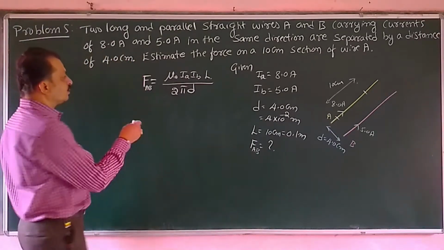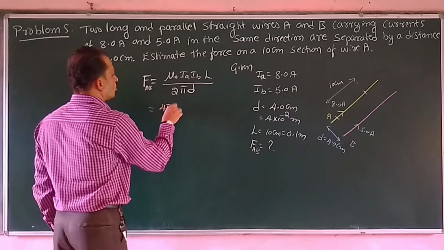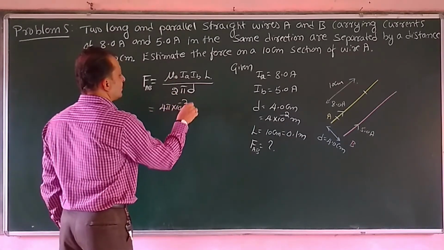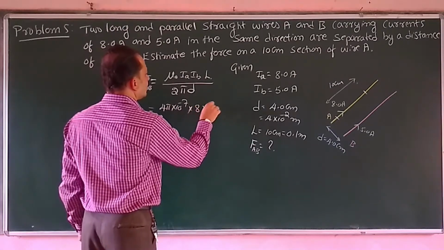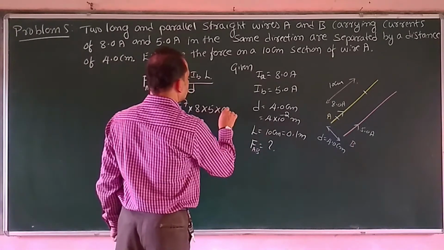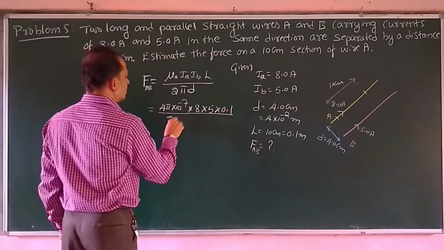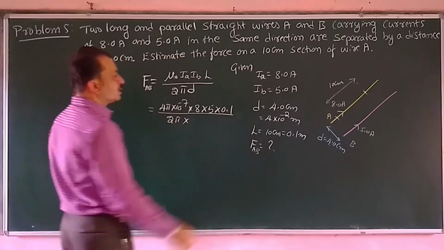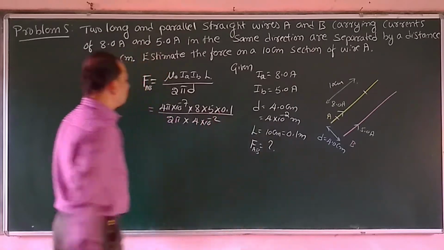Now substitute. Mu naught is 4 pi into 10 raised to minus 7. IA is 8, IB is 5, and length is 0.1, divided by 2 pi into distance, which is 4 centimeter, 4 into 10 to the power of minus 2.